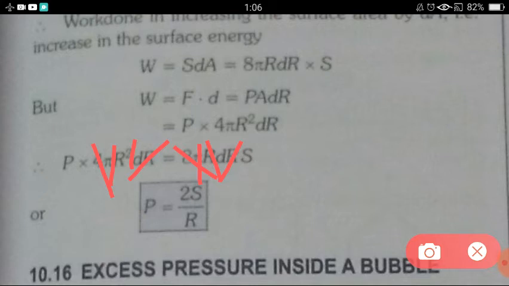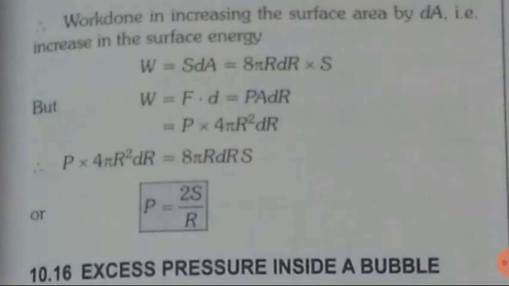So what do we have left? On the right hand side we have P R, and on the left hand side we have 2 into S. After transposing R to this side, we have P equals 2S upon R.